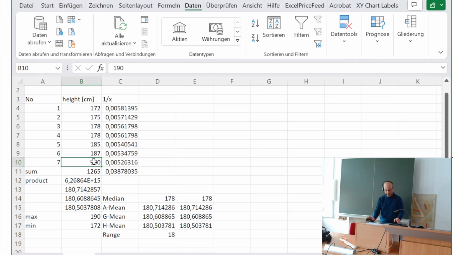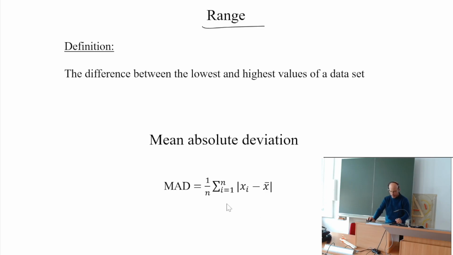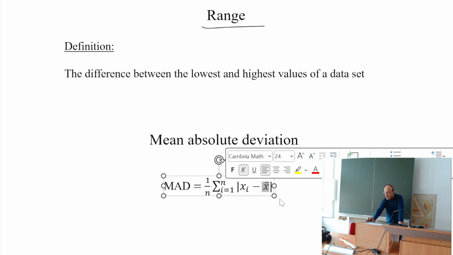Well, and for this, we have another number, and this is the mean absolute deviation. For this, we calculate the difference between our data point and the mean, and here we insert the arithmetic mean.